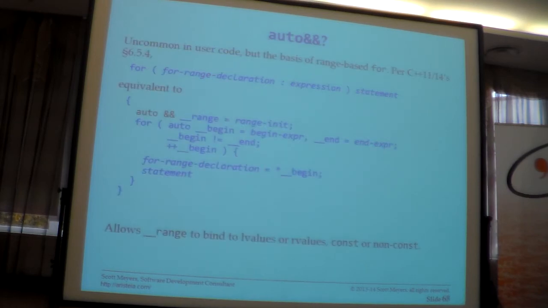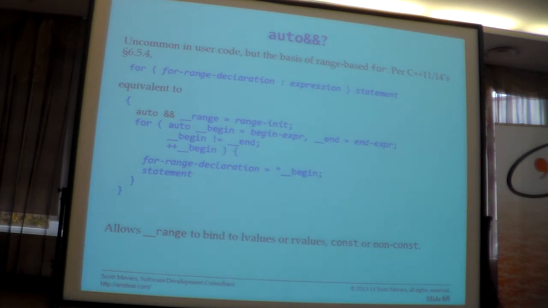Somebody asked earlier about auto&&. auto&&, as I already mentioned, is uncommon in user code. It actually happens to be the underlying basis for range-based fors. So if you read the standardization document, which I do not recommend, if you decide to read the standardization document, please put on protective clothing first.